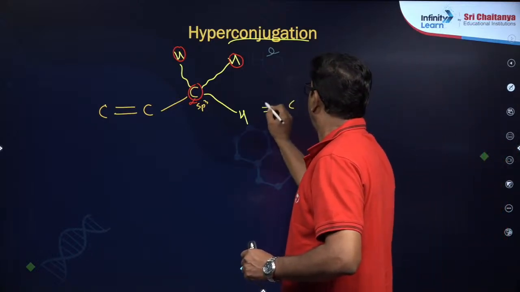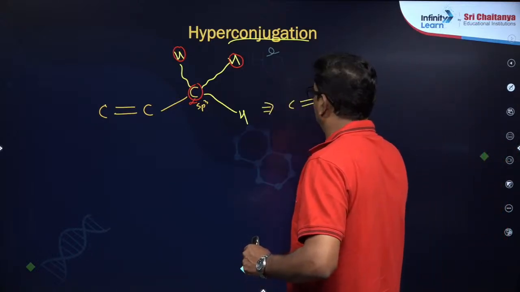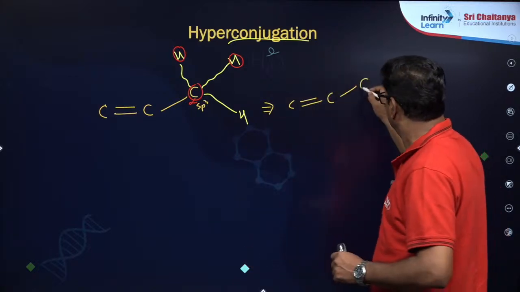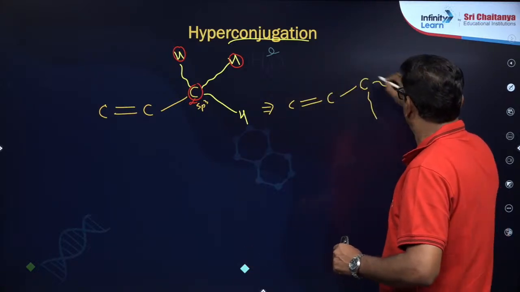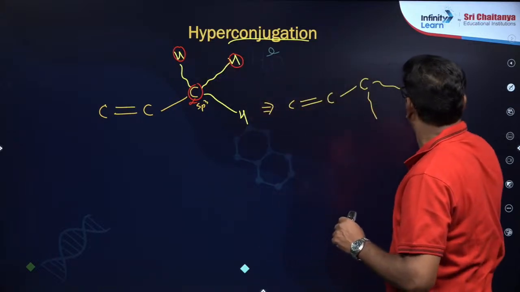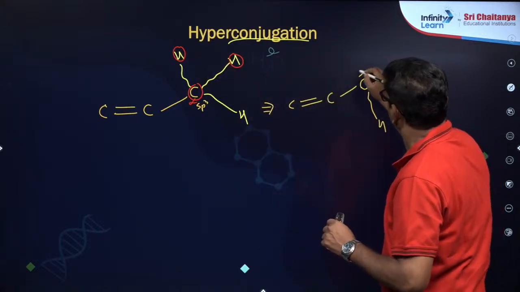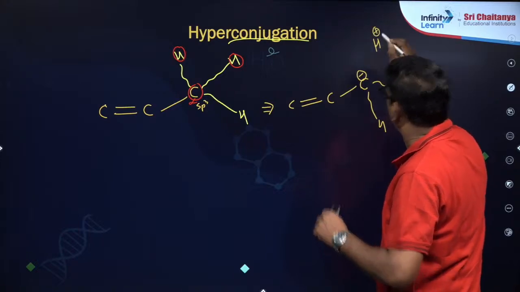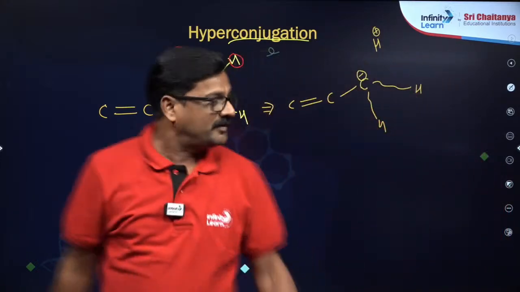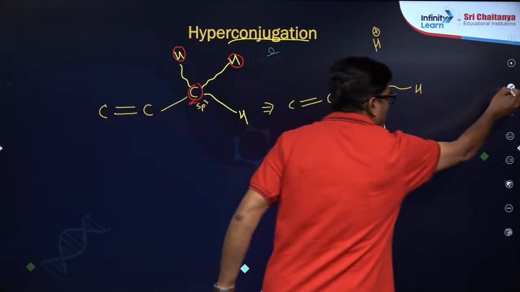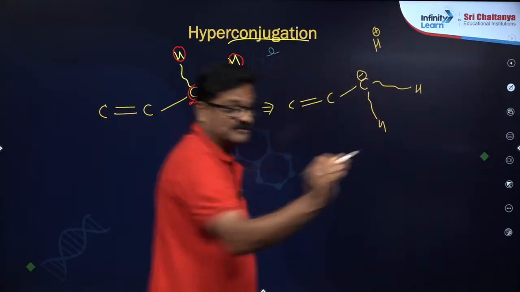This is carbon, double bond, carbon. This is the alpha carbon. And whenever this bond is broken, a positive charge appears. Now this carbon ion that is formed, actually the carbon ion won't be formed.